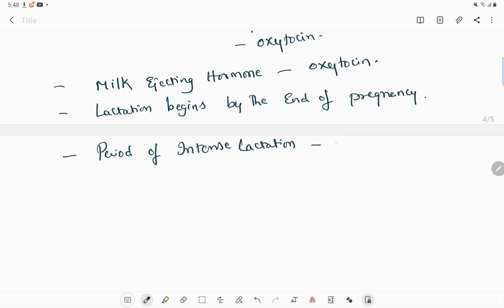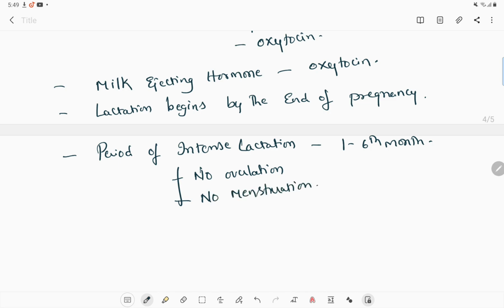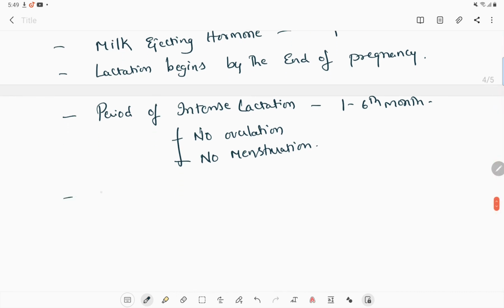From the first month to the sixth month after childbirth. During intense lactation, ovulation does not occur, and there is no menstruation also.